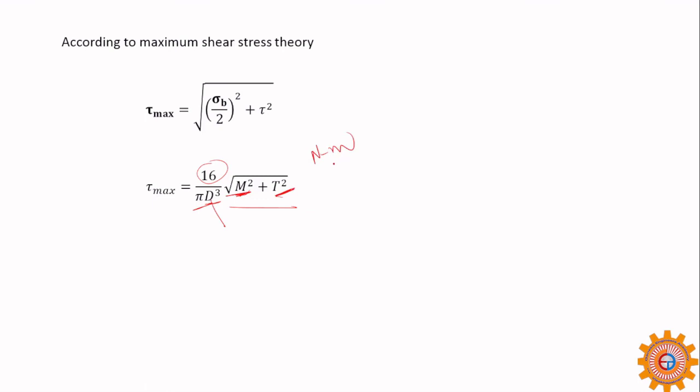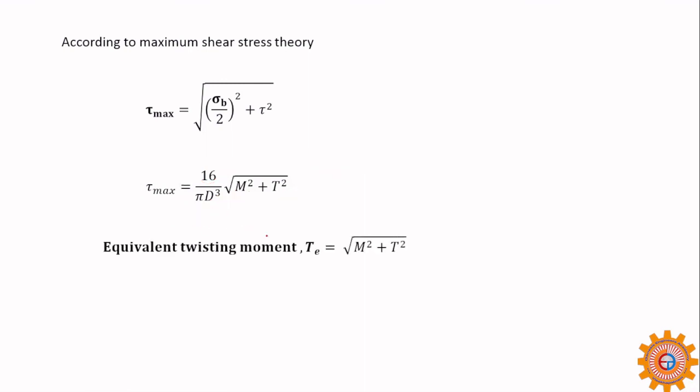So you will get the maximum shear stress, and the equivalent twisting moment is the multiplying factor of this. We call it the equivalent twisting moment, and we have to use this for maximum shear stress theory, or Guest theory.